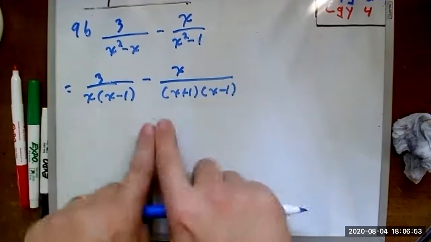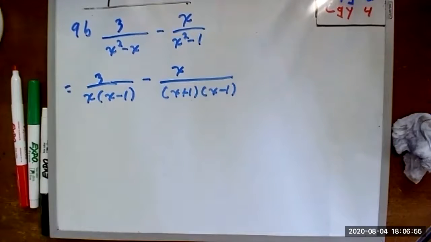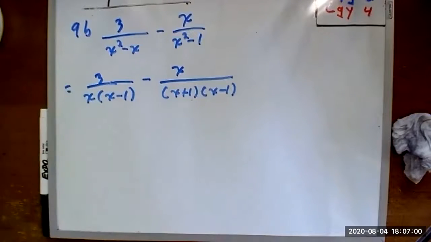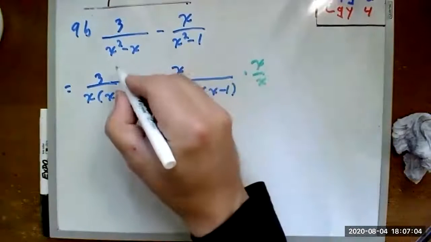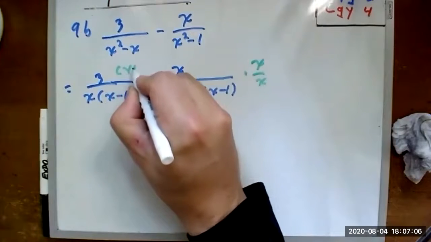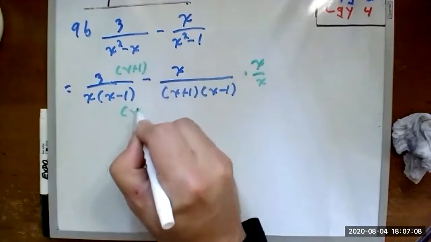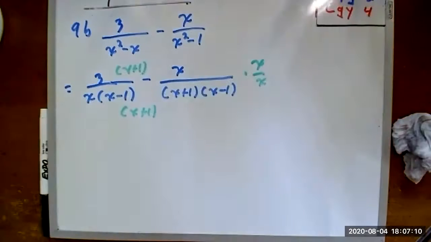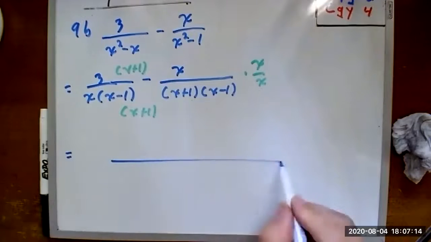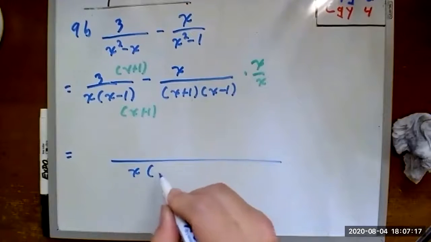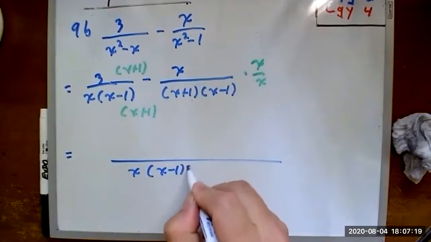So now my x minus 1 is what's in common. This side needs to multiply by x plus 1, and this side needs to multiply by x, and then I'll have everything the same in my denominator. So this side multiplies by x over x, and this side multiplies by x plus 1 over x plus 1.